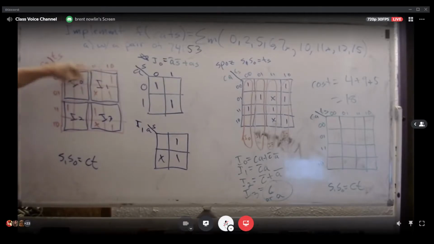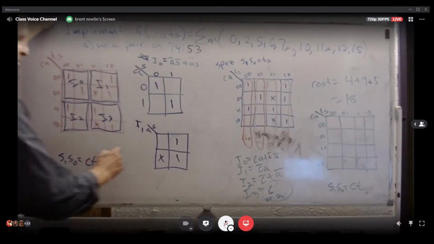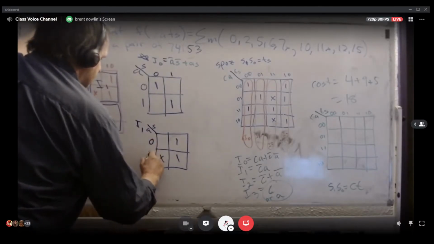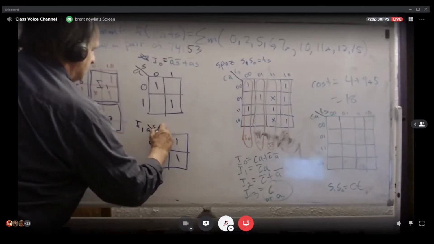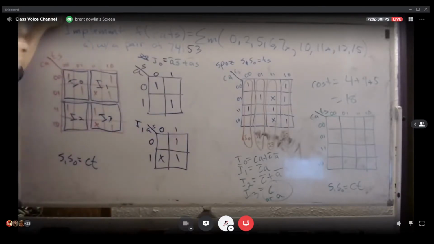A is off in the top row. It's on in the bottom row. S is off in the left column and on in the right column. And it's pretty obvious here that there's only the one group we can make out of this. No reason to make the don't care a one.